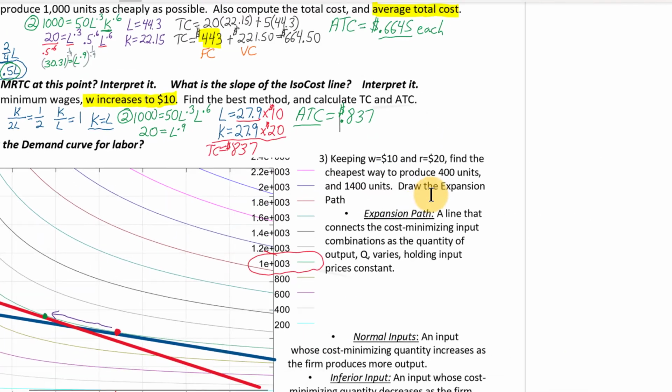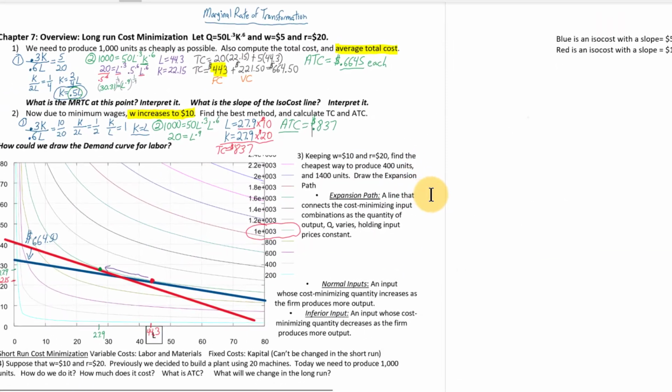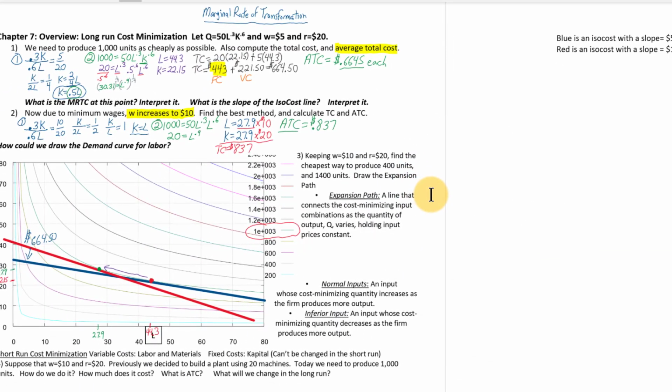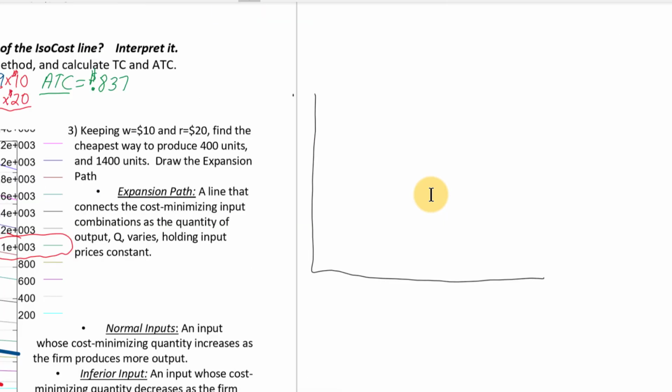So what we would want to draw is we have two prices of labor and two quantities. We see here the wage, and here's the amount of labor. When the wage was $5 per unit, companies wanted to hire 44.3. So at $5 each, we'll call that 44.3 units of labor.